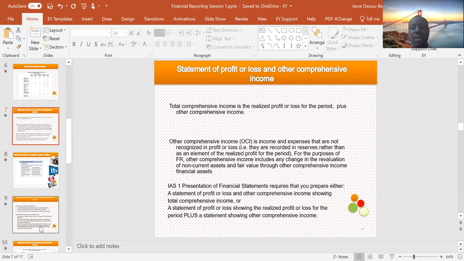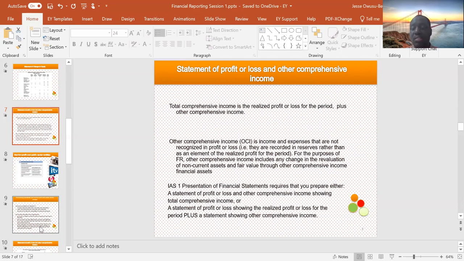So for the purposes of financial reporting, other comprehensive income includes any changes in the revaluation of non-current assets and fair value through other comprehensive income financial assets. So any changes that are occurring in the revaluation of non-current assets, it's other comprehensive income. So basically, we are grouping the full statement of profit or loss and other comprehensive income into two sections.